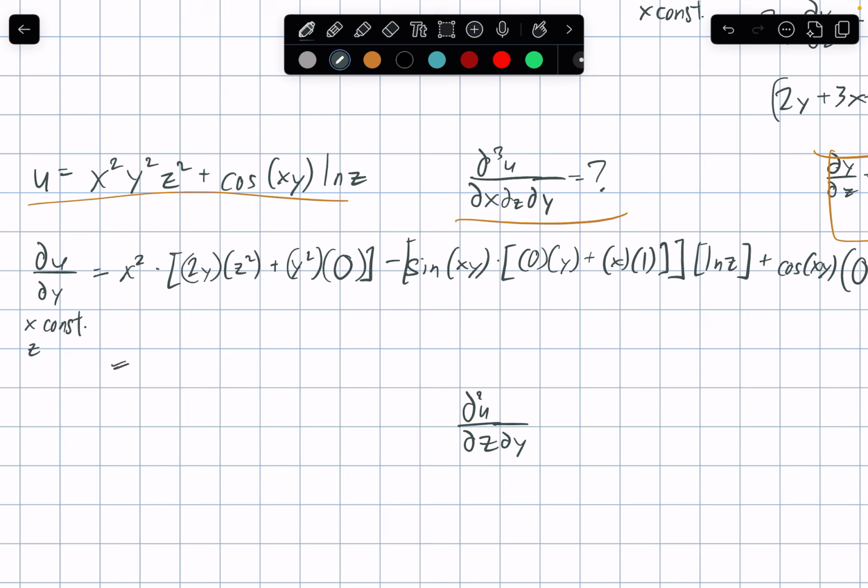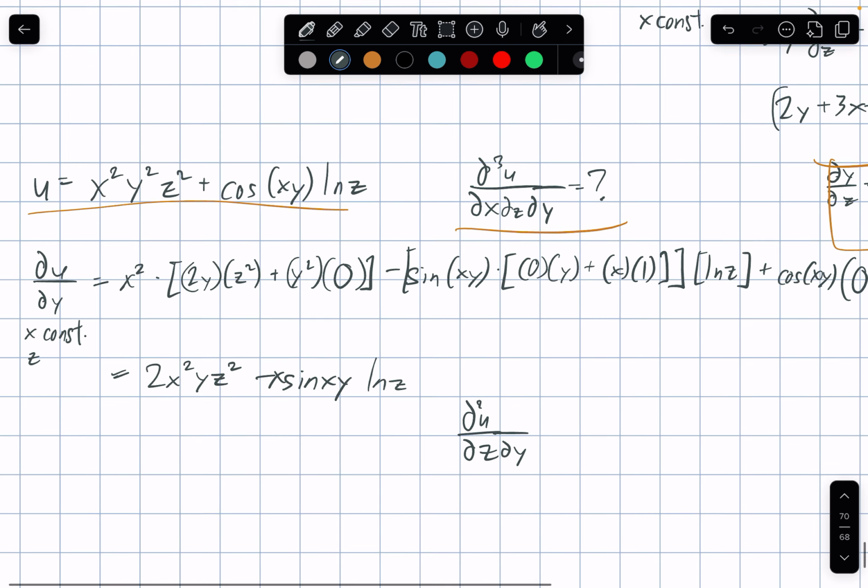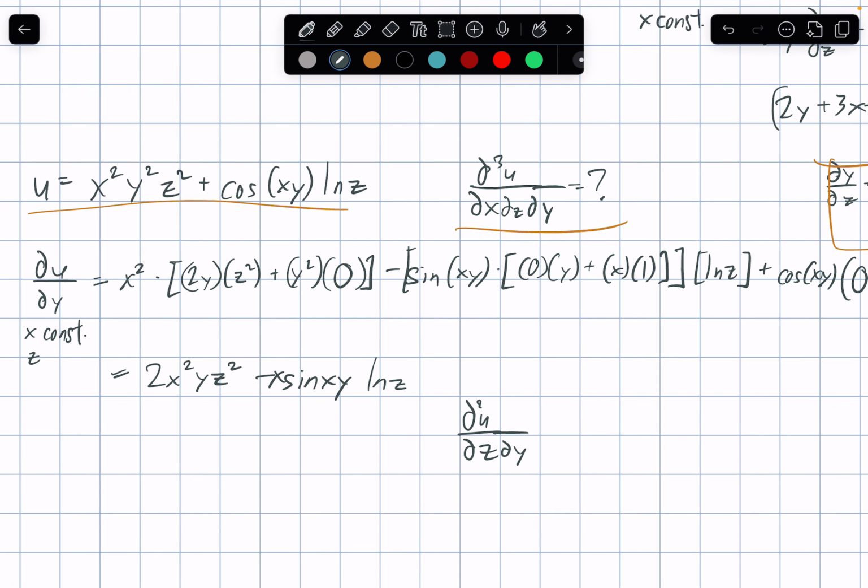Next, simplify. So 2x squared y z raised to 2 minus x sine xy ln z. Okay. Well, yes, that's it. Actually, you can reorder it as that.